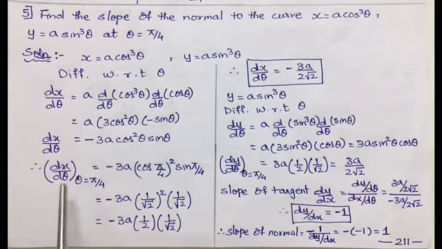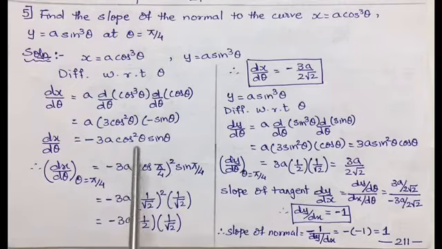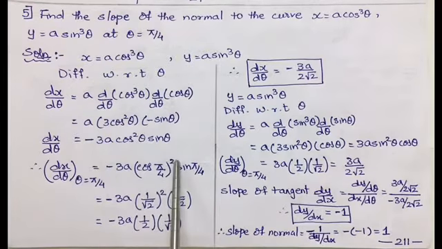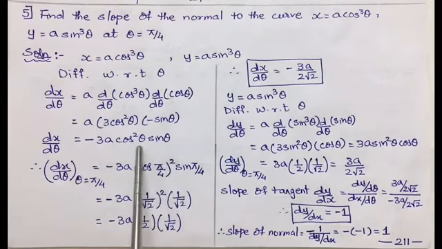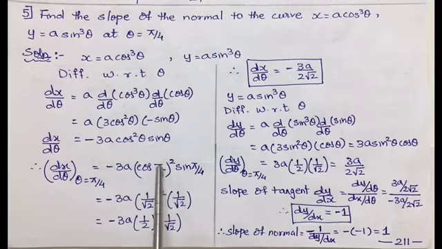Now this dx by d theta is to be calculated for theta equal to pi by 4. So we get minus 3a cos pi by 4 whole square and then sin pi by 4, means wherever theta is there we are keeping the value pi by 4.